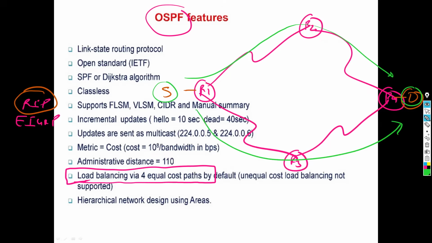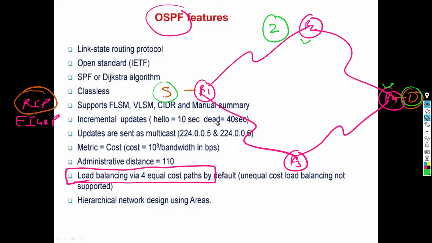Now via R2, you have two hop counts, 1 and 2. And via R3, you also have two hop counts. So to reach this particular destination, you have multiple routes with the same hop count, the same metric.